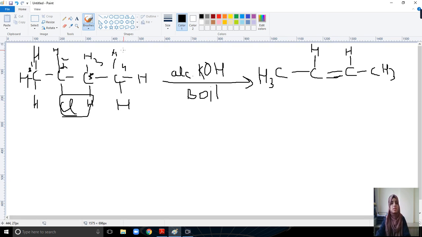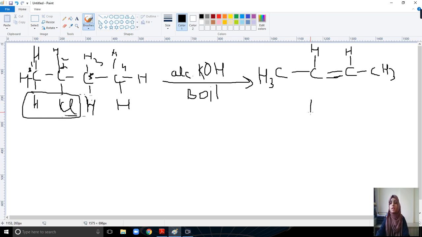Now another product. I will remove hydrogen from the other beta carbon, carbon number 1, and this group from carbon 2.